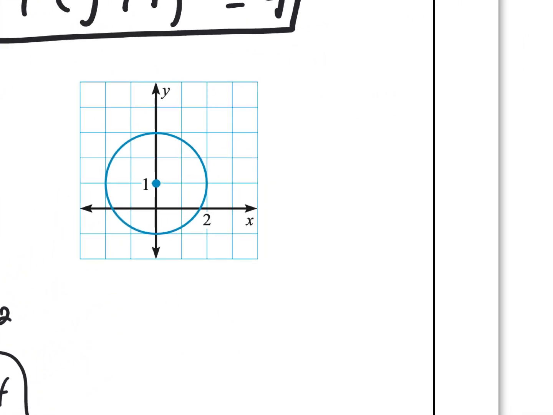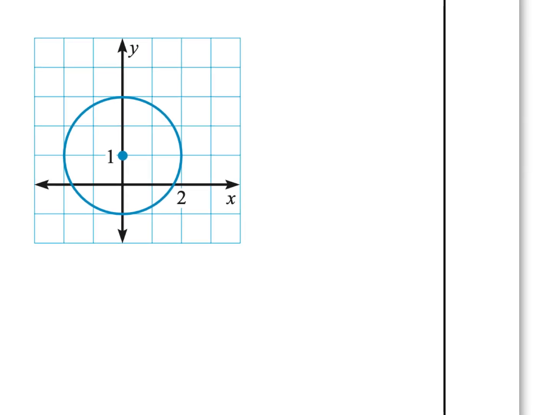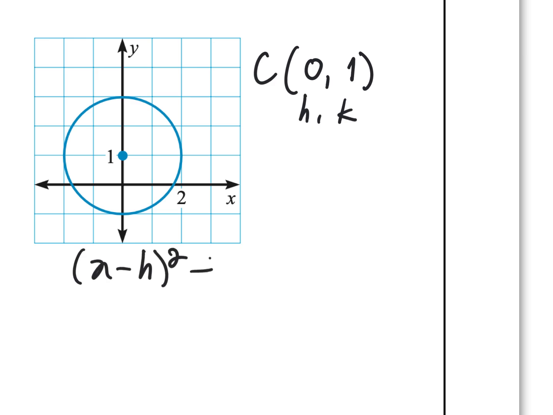Okay, one more. Here, what do you think is the center? My x is going to be 0 and my y is going to be 1. So that's going to be my h and my k. Now let's write the standard equation: (x - h) squared plus (y - k) squared is equal to r squared. What is the radius?